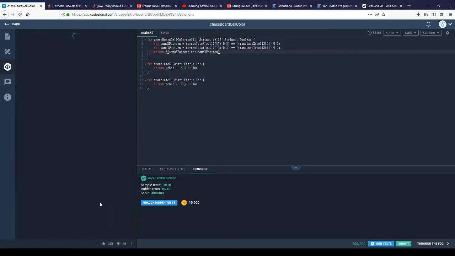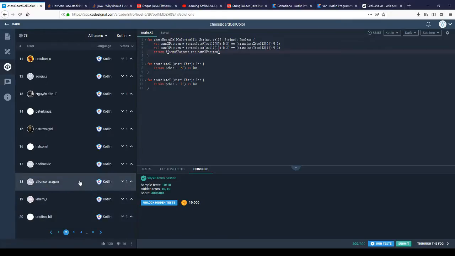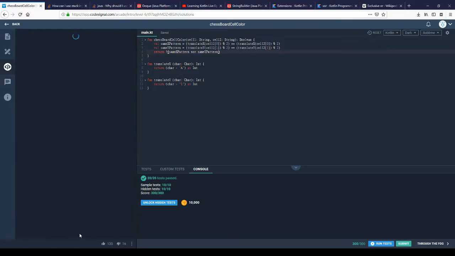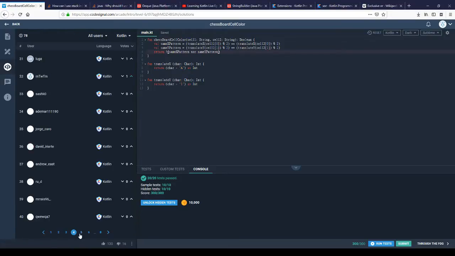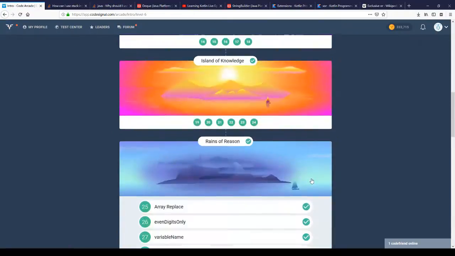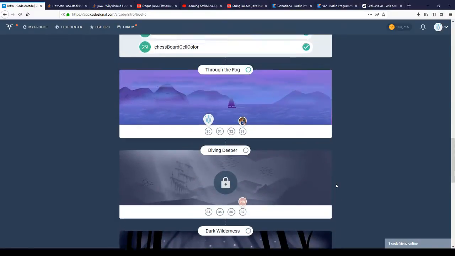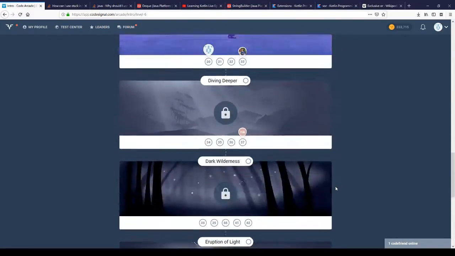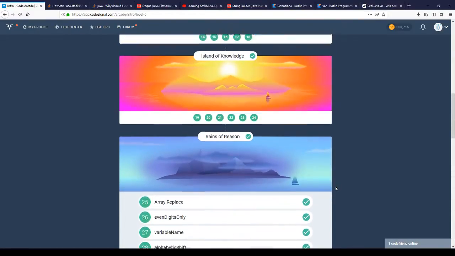There are no votes, so maybe they have not finished it correctly. I'm still fascinated by the fact that there are so many Kotlin learners on Code Signal.